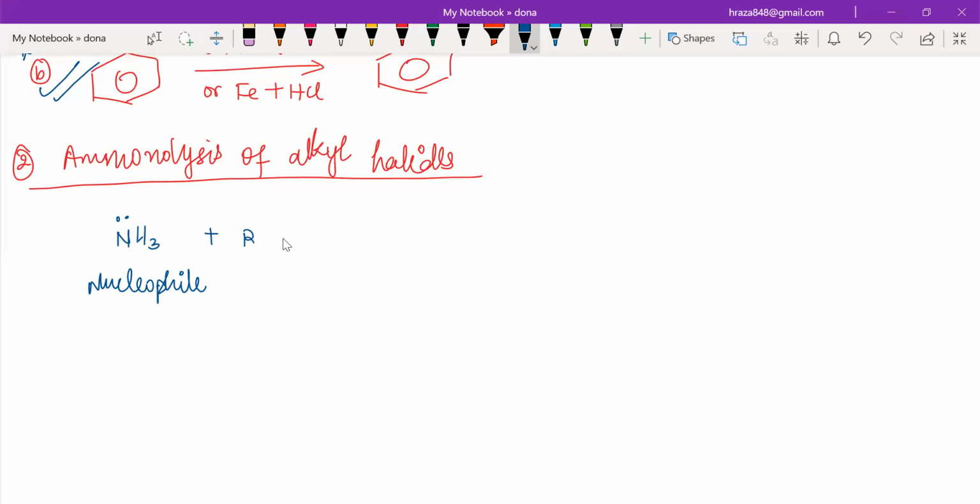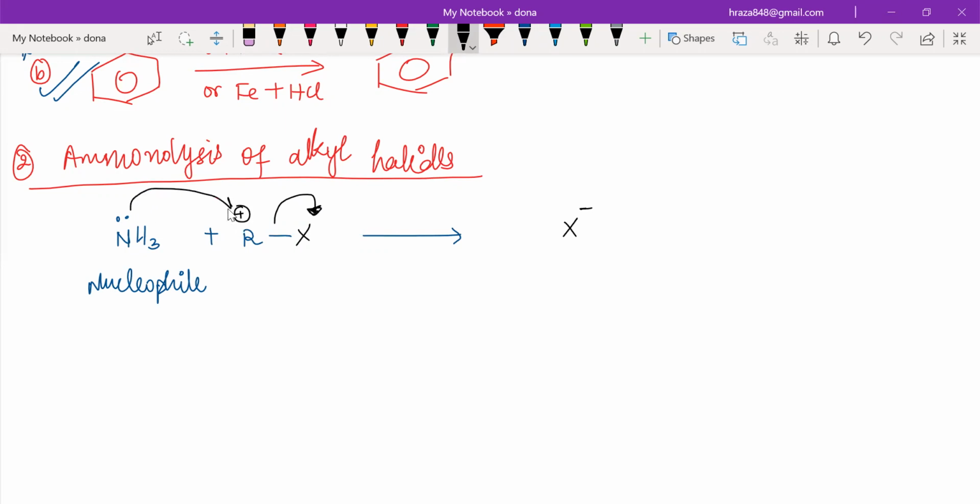And if you are going to react this with alkyl halide, see what will happen. This is RX, I just wrote it wrong. This is your X, which is a more electronegative element. So it will withdraw or take electron from R and it comes out to be X negative. And now there will be a positive sign.